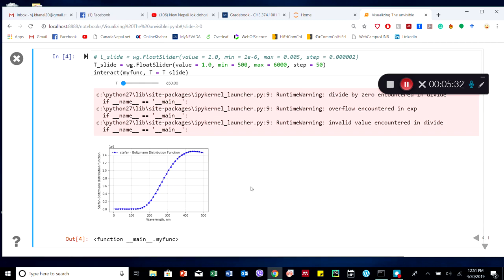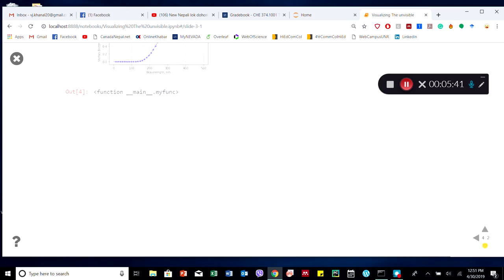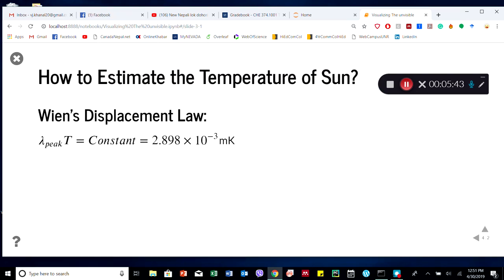All right. Okay, so that was the visualization, and with the help of this function, what you can actually do is estimate the surface temperature of the sun because of this fact, Wien's displacement law.